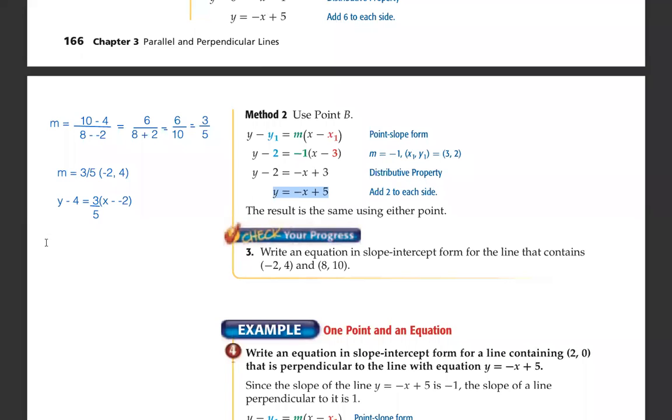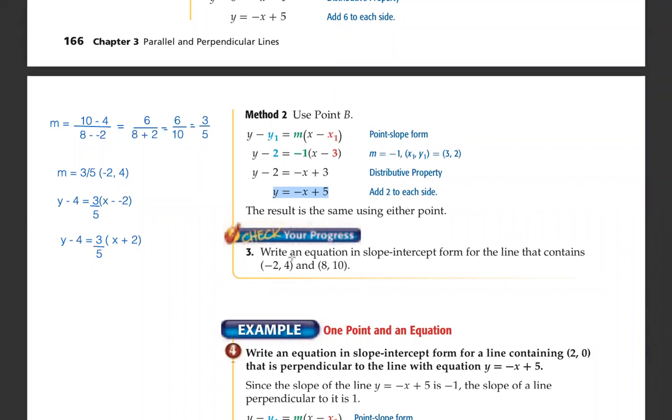So this will become y minus 4 equals 3 over 5 times x plus 2, close parenthesis.